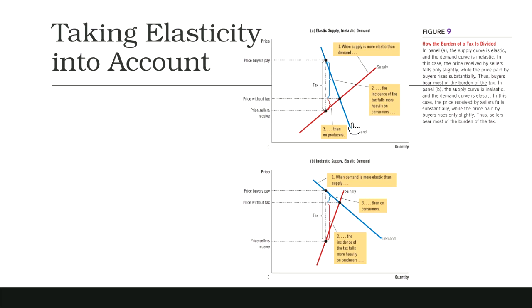That's how we visually know that demand is inelastic, is that it's steeper than a 45-degree angle. Notice supply, though, is pretty flat. That means that it's elastic. So as the sample walks us through, what we see is when supply is more elastic than demand, the incidence of the tax falls more heavily on consumers than on producers.